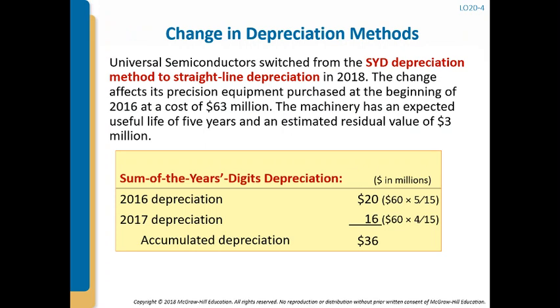So here we move from the sum-of-the-years'-digits method to straight line. The change affects equipment purchased at the beginning of the year at a cost of $63 million. The machinery has an expected useful life of 5 years and an estimated residual value of $3 million.